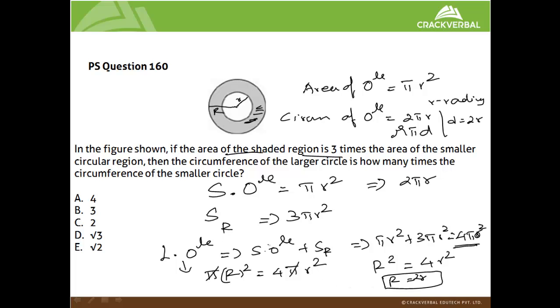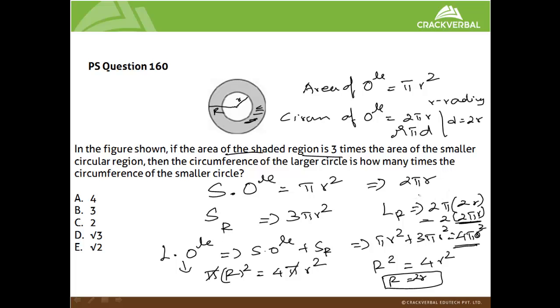So the radius of the larger circle is 2 times the radius of the smaller circle. The circumference of the larger circle would be 2 pi times 2r, which is 2 times 2 pi r, and 2 pi r is the circumference of the smaller circle.